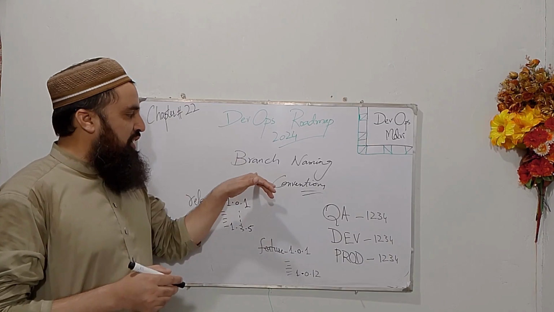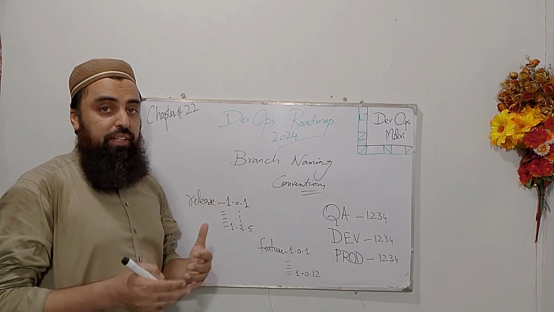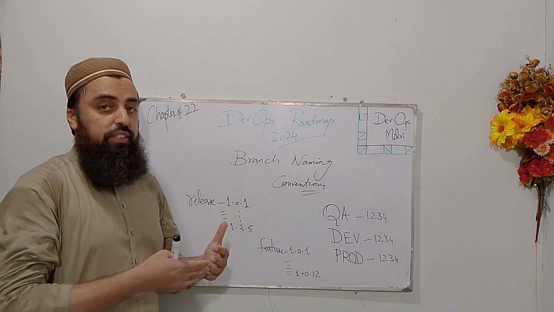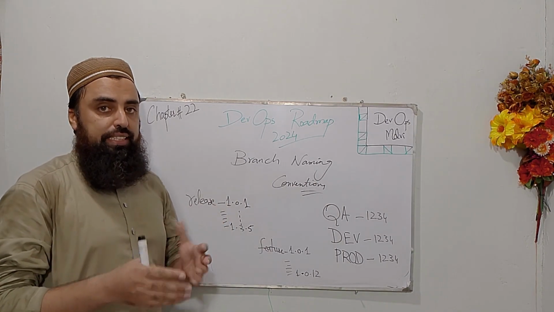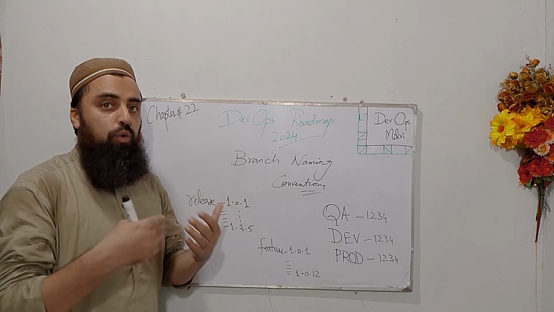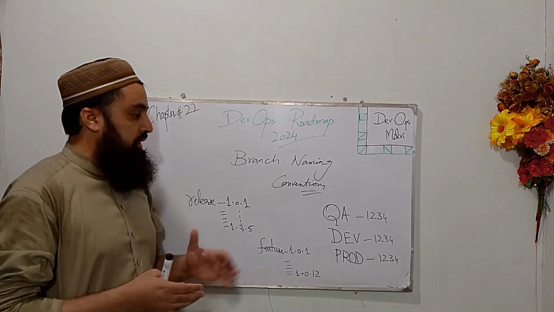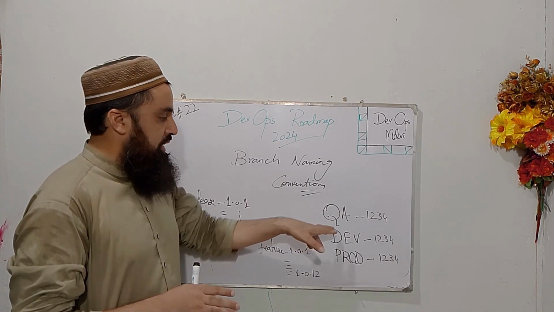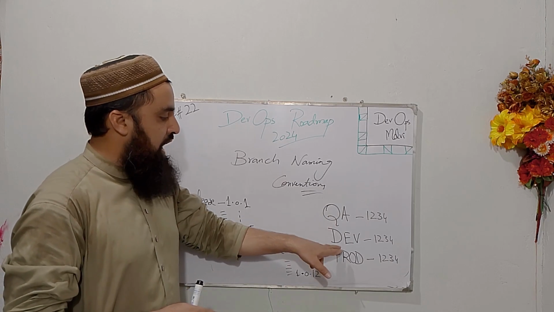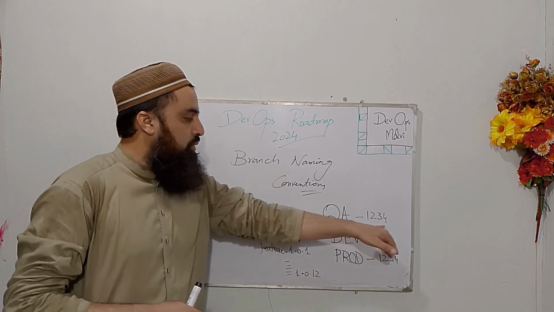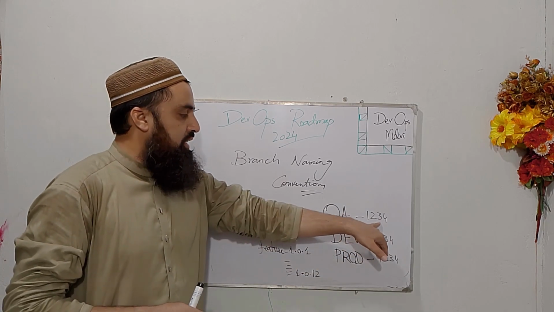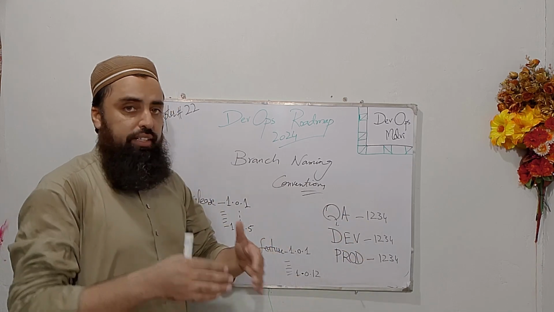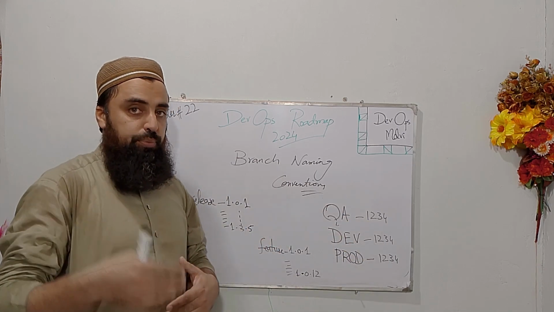Alright guys, now let's talk about some branch naming conventions in professional organizations, and we will check open source Git repositories and their branch naming conventions. So normally it is the practice to create branch names like QA, dev and prod, and after that this is the branch naming convention 1 2 3 4, and that's how we create branches.